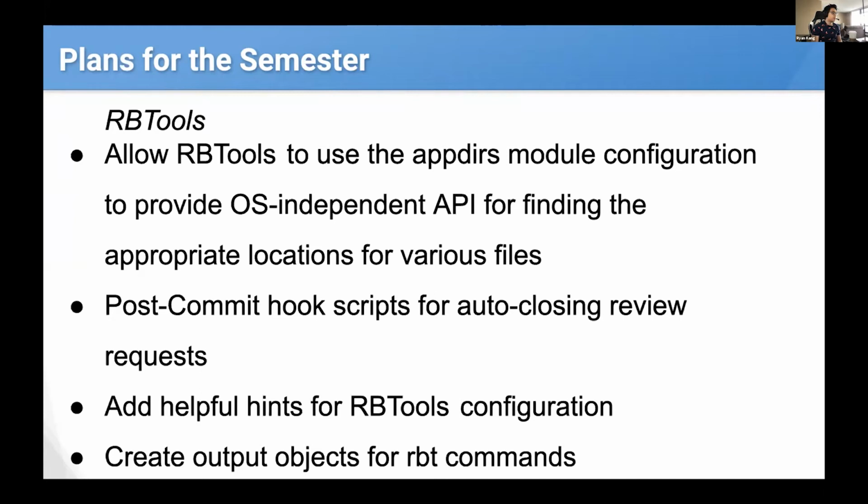Some of the projects that we're doing this year, the first one is we want to standardize file locations so that it's easier for users. And then the next one, the post commit hooks, that just means that we're trying to standardize the repository hooks that were used so that it's easier to create post commit hook scripts.